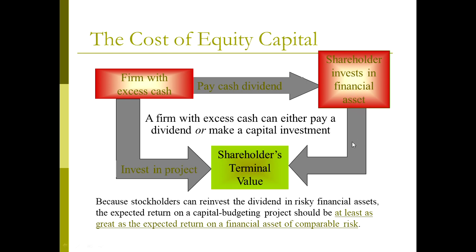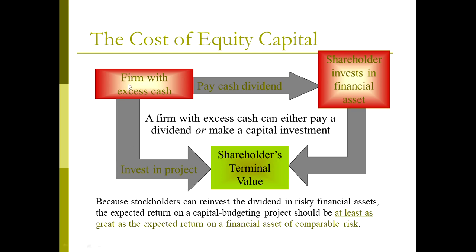So that is the required rate of return. For example, 10%. If you invest the cash dividends in another company's stock and get a 10% return, that is your opportunity cost, which means the project within the company needs to give you at least a 10% return. You would be indifferent between the two.